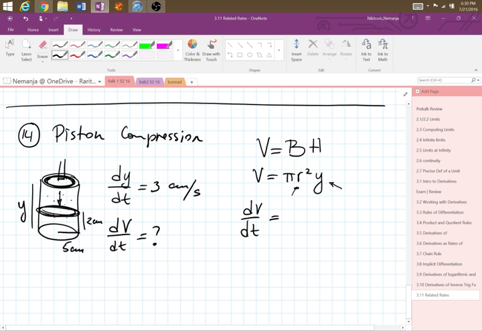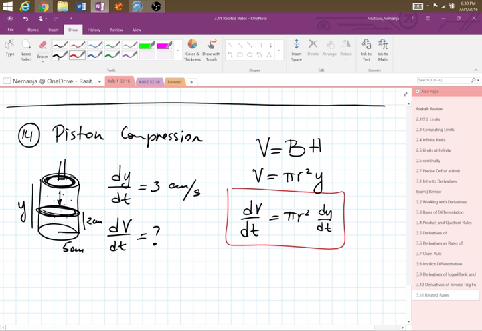But I do have to take the derivative of y because that will be changing the height. So I get to leave it as pi r squared, but then this one becomes dy/dt. And this is our model.